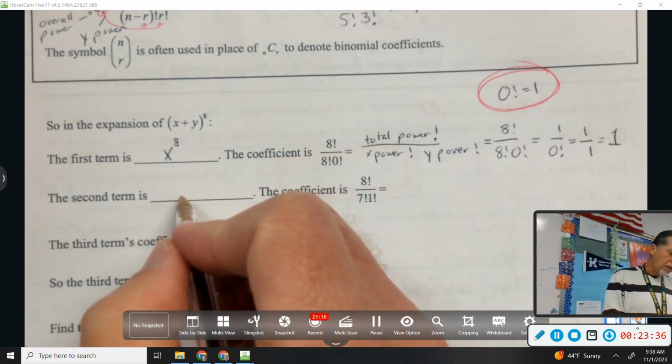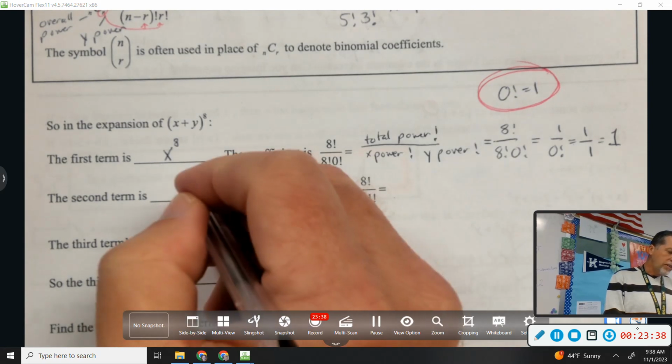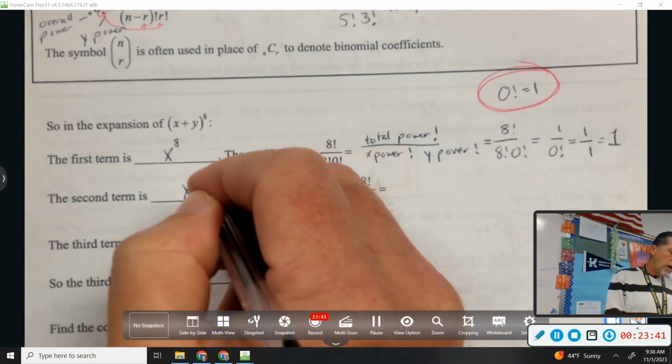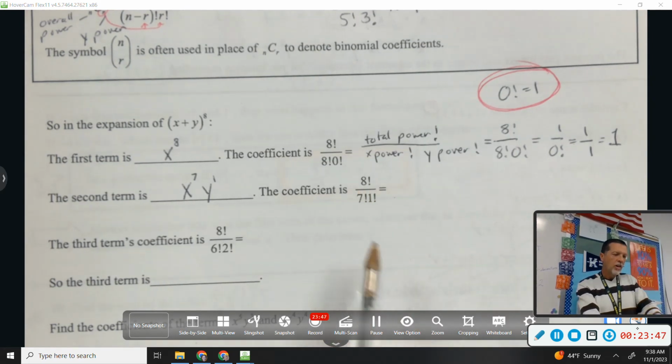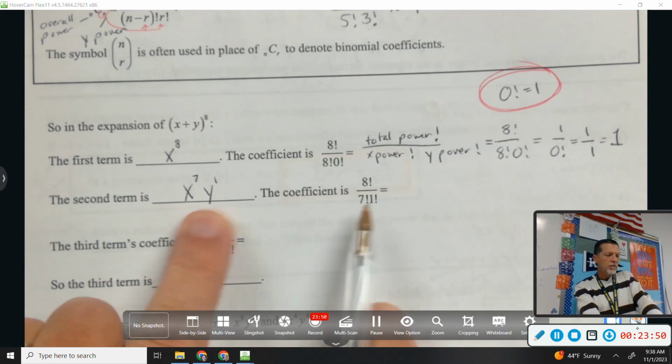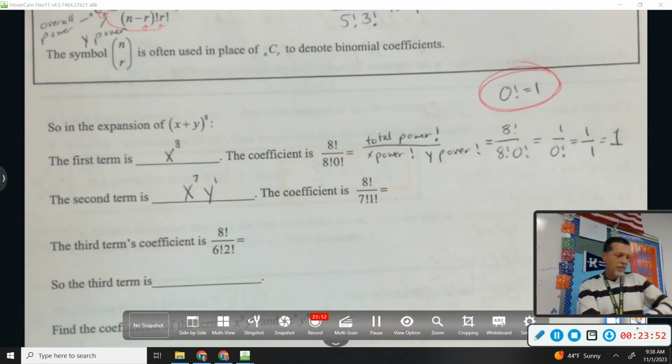The second term. Okay, so x is going down in power, y is going up in power. So it's still the total power factorial over x power factorial, y power factorial.